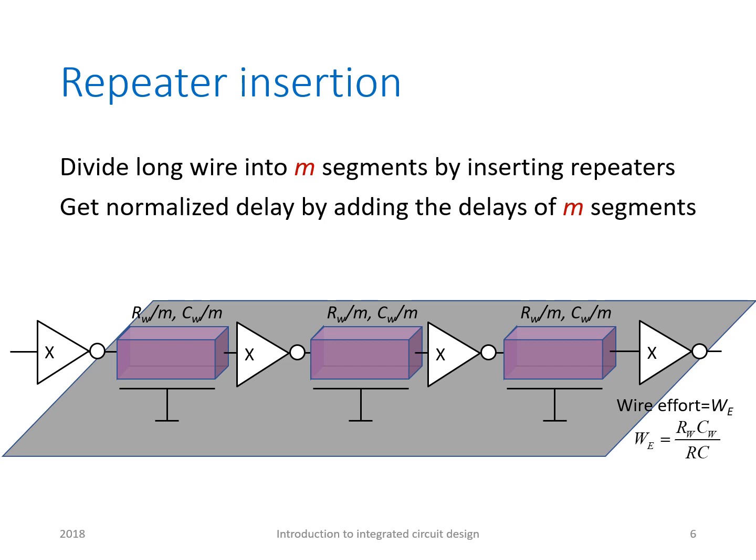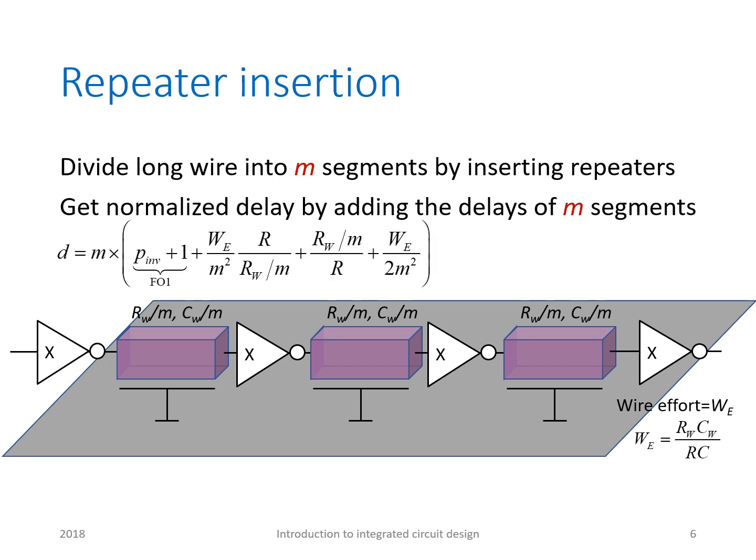We can get the normalized delay by adding the delays of the M segments. So we take the delay of one segment. We have the F1 delay of the inverter as if there were no wire. The wire resistance is Rw divided by M, which appears twice.